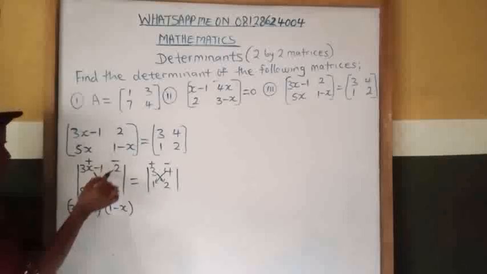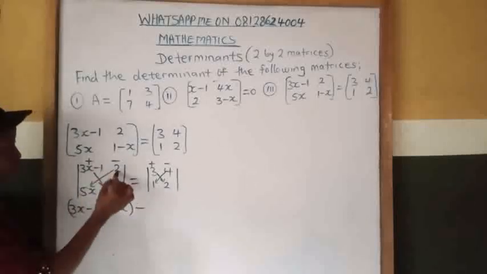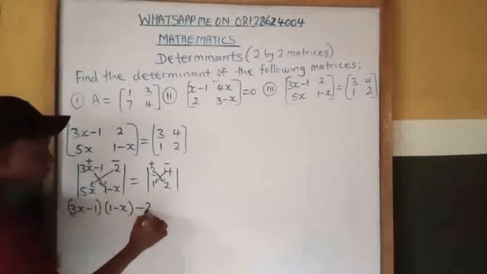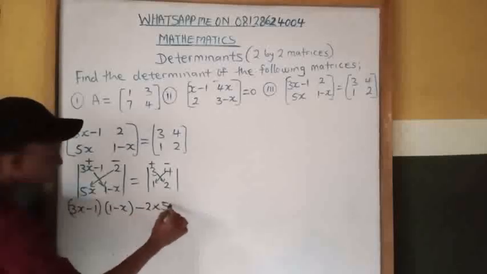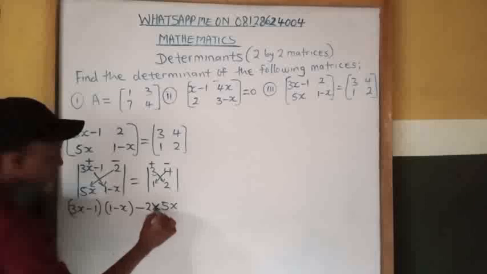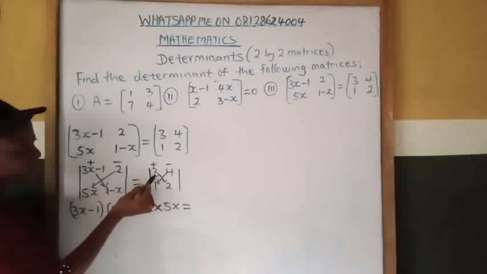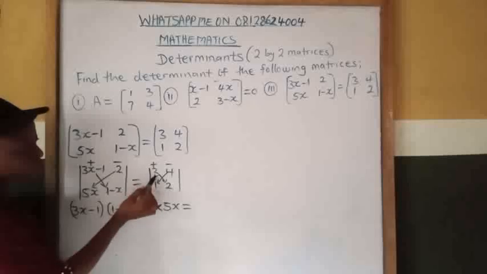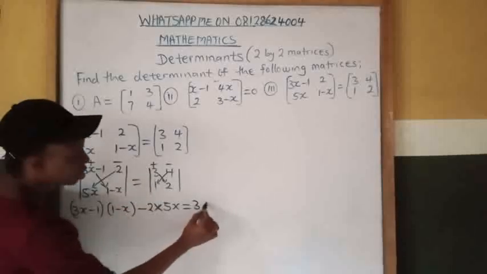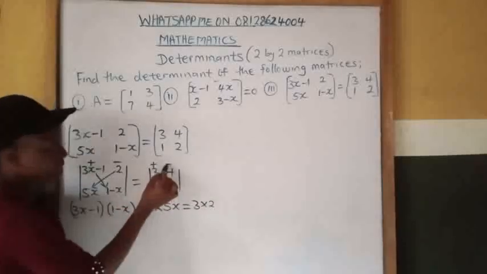Then followed by this one, we have minus, then 2 times 5x, equal to, at this side 3 times 2, this is positive, followed by this negative sign.